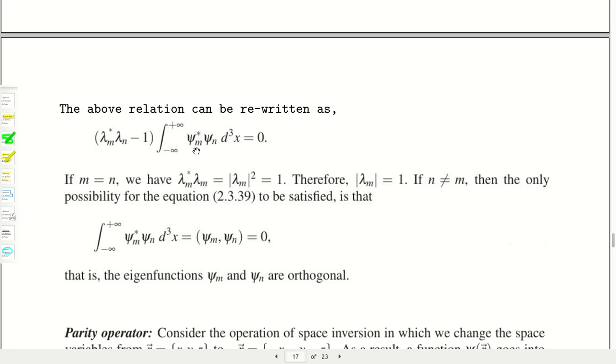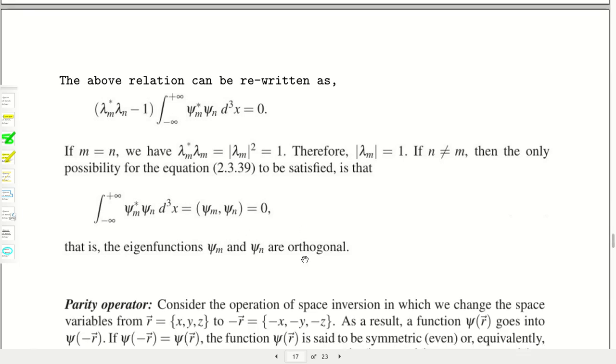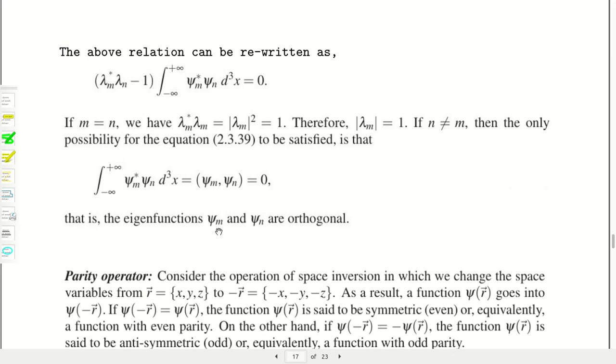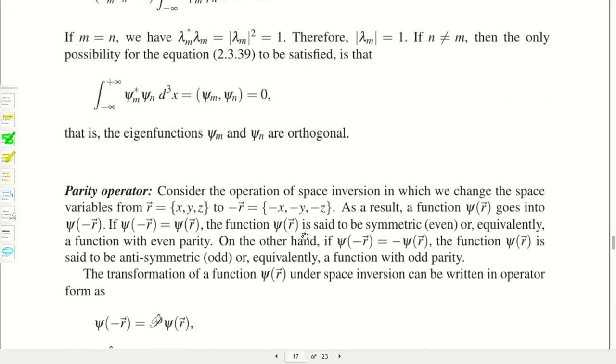So the integration over psi m star psi n d^3x should be 0 all the time. This means that the two wave functions corresponding to non-degenerate eigenvalues lambda n and lambda m are orthogonal to each other.